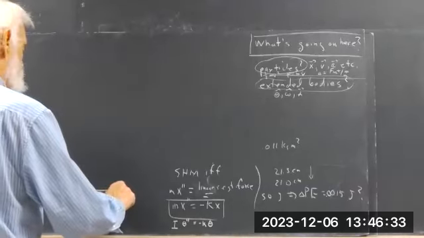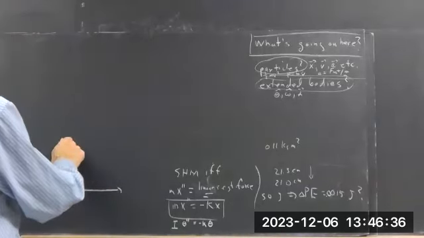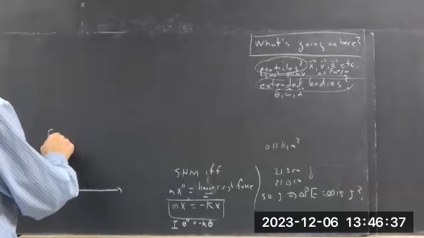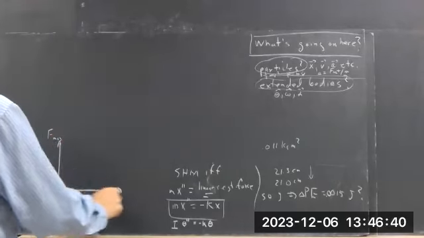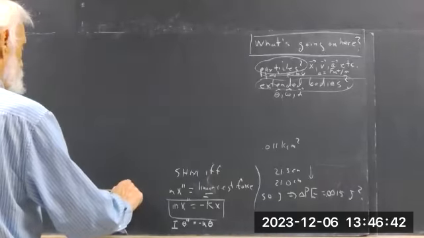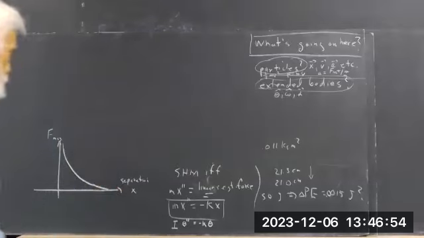I think we're pretty familiar with the fact that we have a force versus proximity graph. We've got a separation x, and the force falls off rather rapidly with distance.